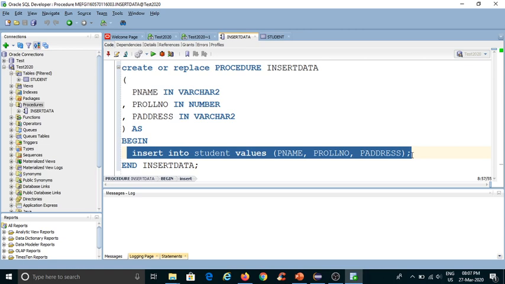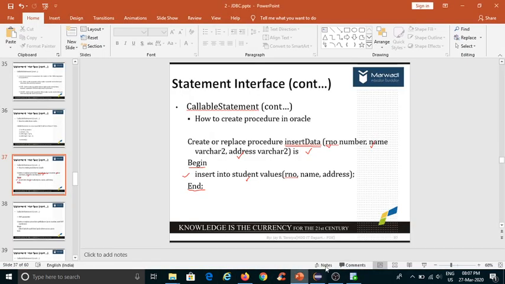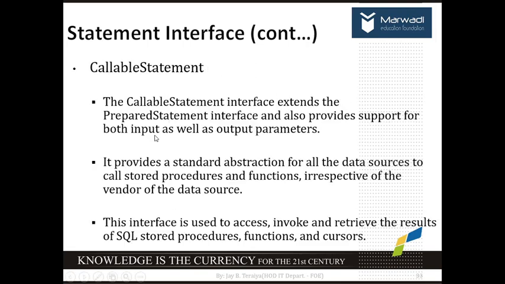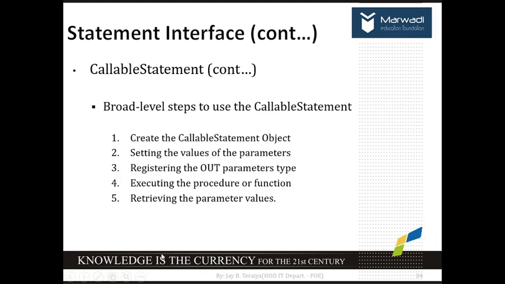Now what we want to achieve is that from our Java application we want to call this particular stored procedure. Look at this over here. Suppose this is your procedure. Now if you look at the callable statement, technically your code will remain as it is.